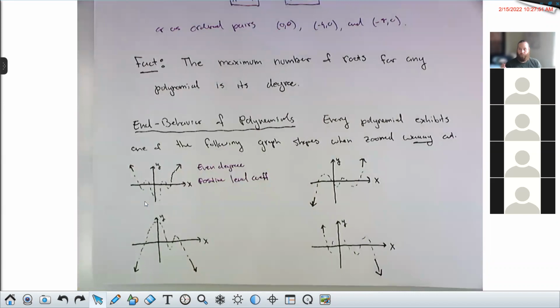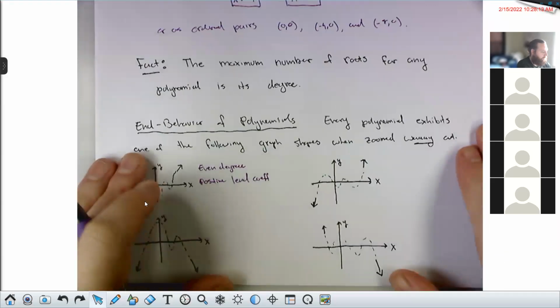X squared is a polynomial of degree 2. The lead coefficient is 1, which is positive, and it points up on both sides. And it's true that any polynomial where the degree is 2, 4, 6, 8, any even number with a positive lead coefficient will exhibit that same end behavior. The graph will have arrows pointing up on both sides.